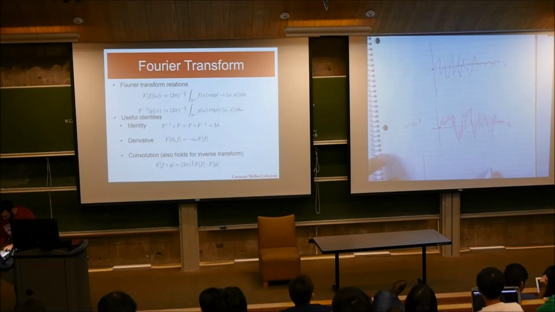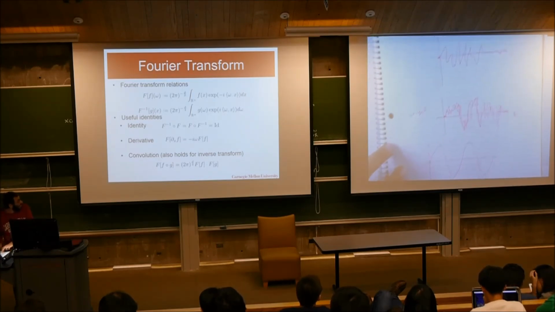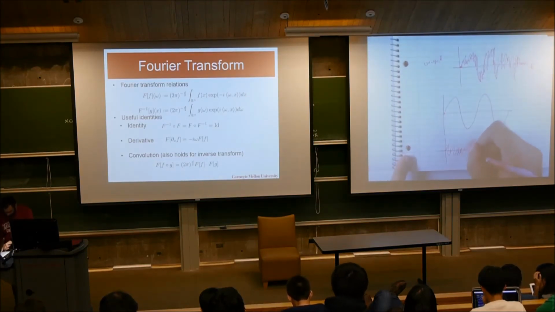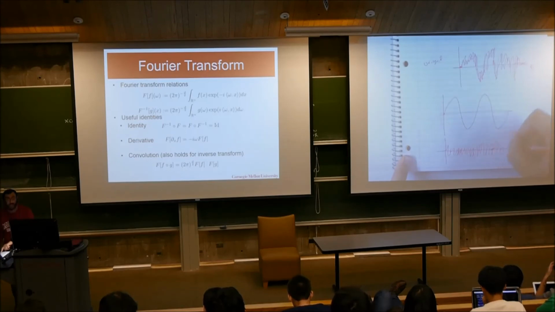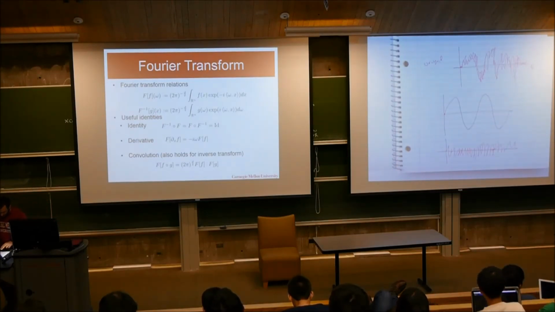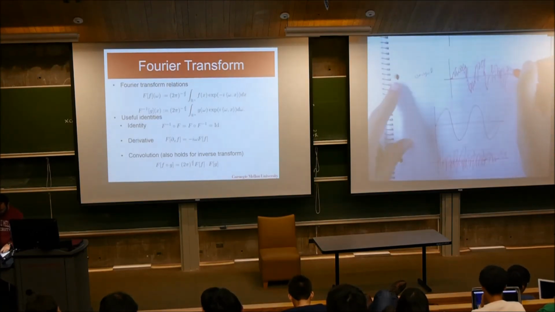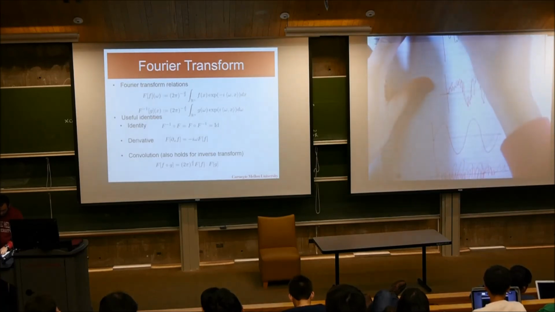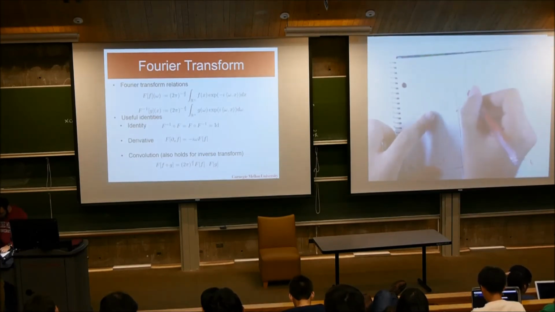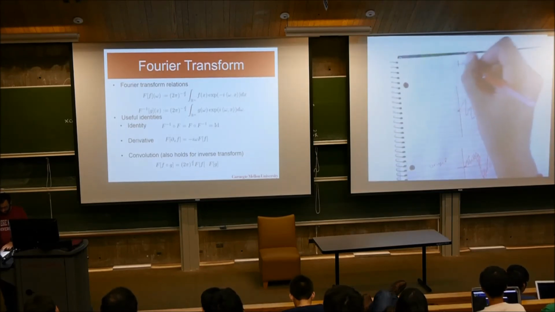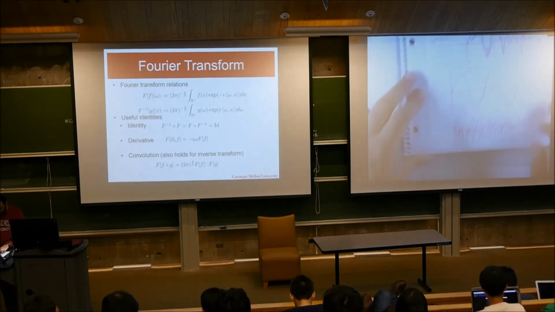Basically, it can be the result of a low frequency signal and a high frequency signal. The Fourier transform is a transformation that you apply to such a signal, and you get the signal as a function of frequency rather than time.